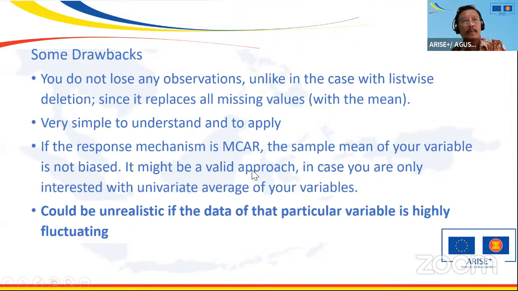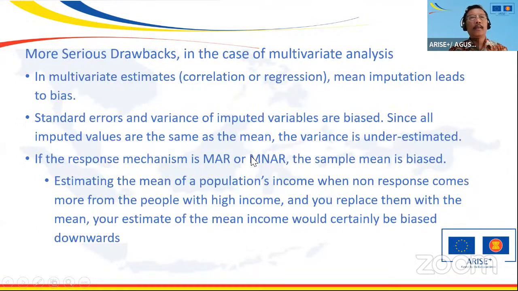I've mentioned some drawbacks. It would be realistic if the data is particularly not fluctuating a lot. Oh yeah, the standard error. Standard error is also affected, yeah. If you do the imputation using mean or median, then you underestimate the standard error, right?